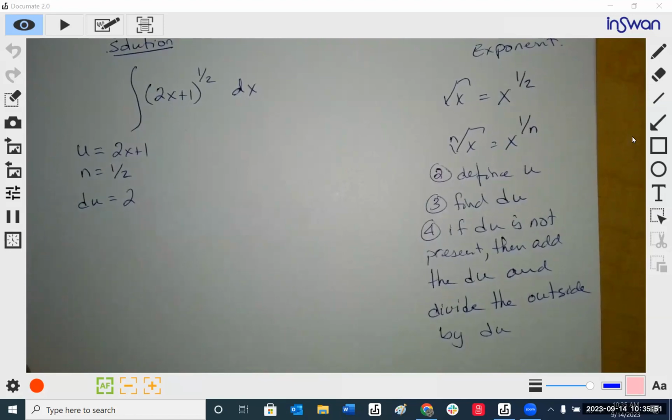Because anything you add to a function has to be canceled by the coefficient outside the function.